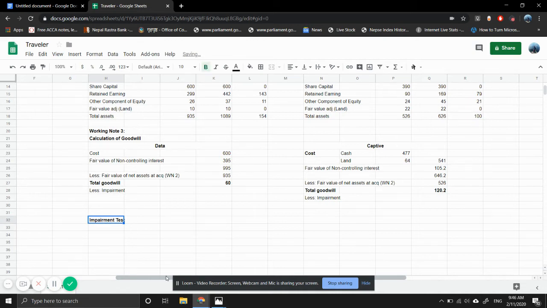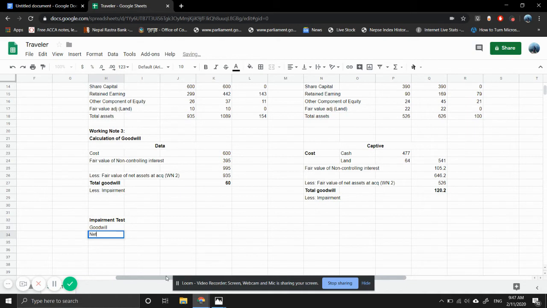Impairment test, right? So how will we do impairment test is basically, let's put the whole value of the company, so which will be goodwill at disposal, goodwill, right?